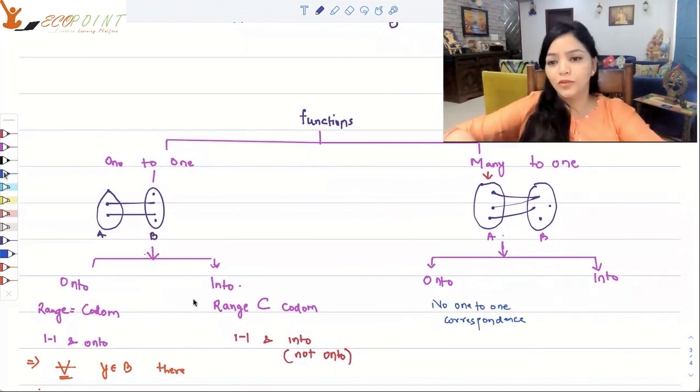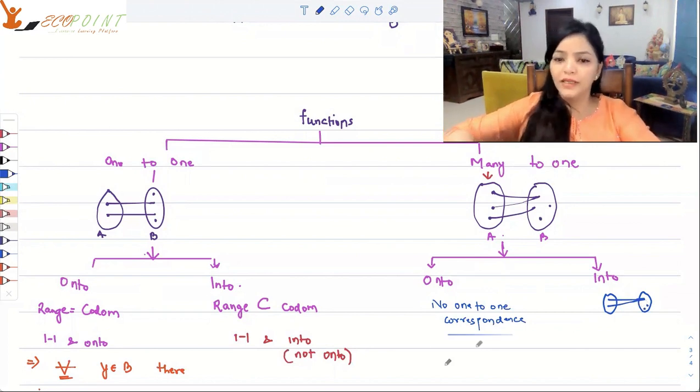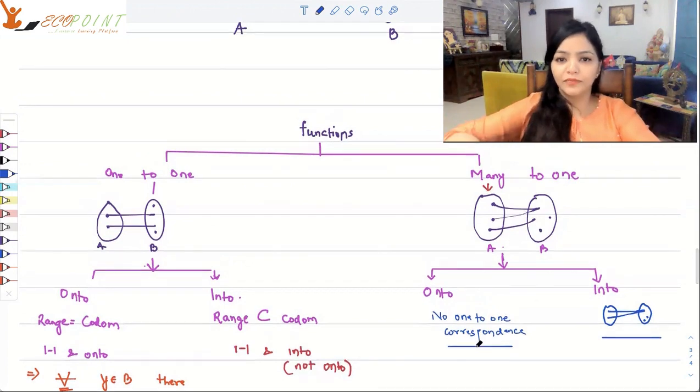On the other hand, in case it's an into function, that just means that it's a many-to-one case and you also have idle elements in the codomain. That's it. So that's how we can describe the types of functions.